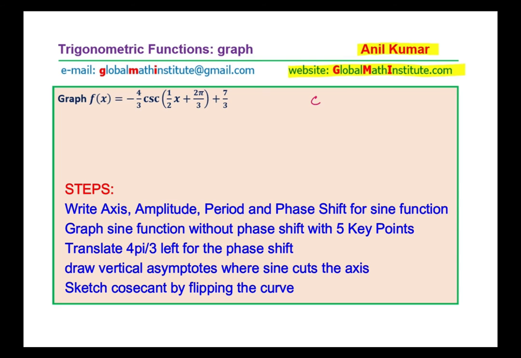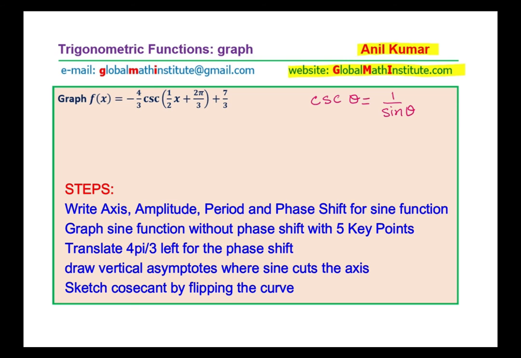So you know what cosecant is: cosecant theta equals 1 over sine theta. So basically, we need to sketch the sine graph. And once we sketch the sine graph, from there we can draw the vertical asymptotes, flip, and get the cosecant graph. Perfect. So that is the strategy.